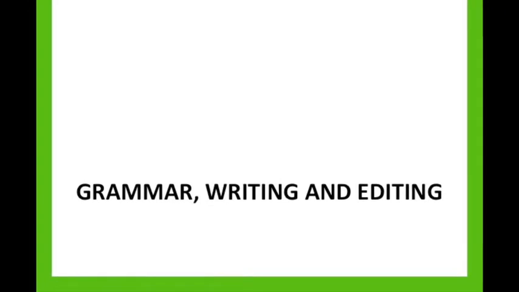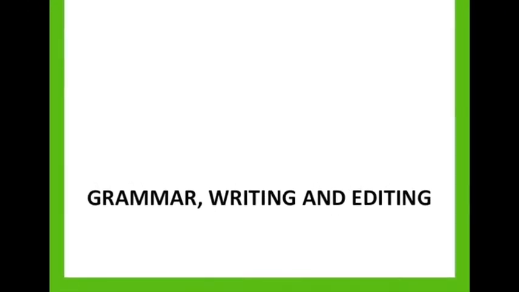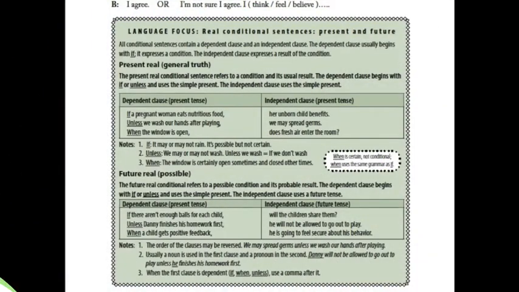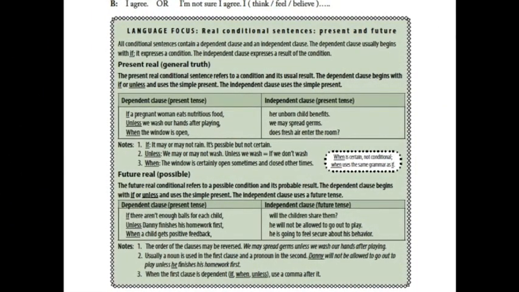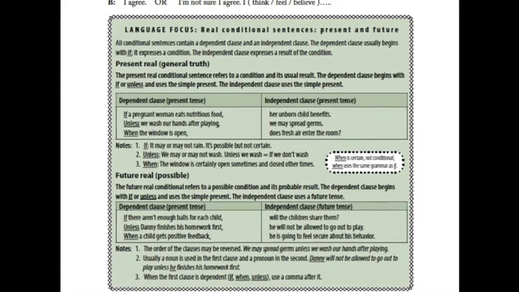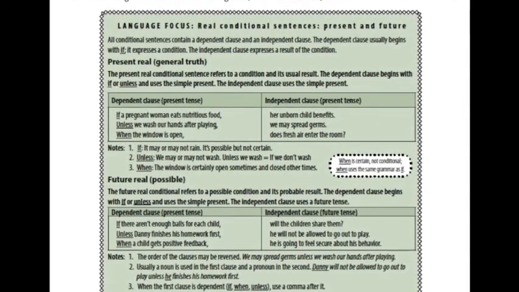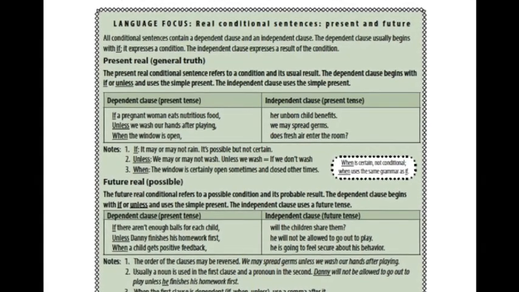There are ample opportunities for students to learn and practice aspects of English grammar, writing, and editing in the context of child development. Different facets of the English language are explained and exemplified in easy-to-read language focus boxes adjacent to the learning activities.